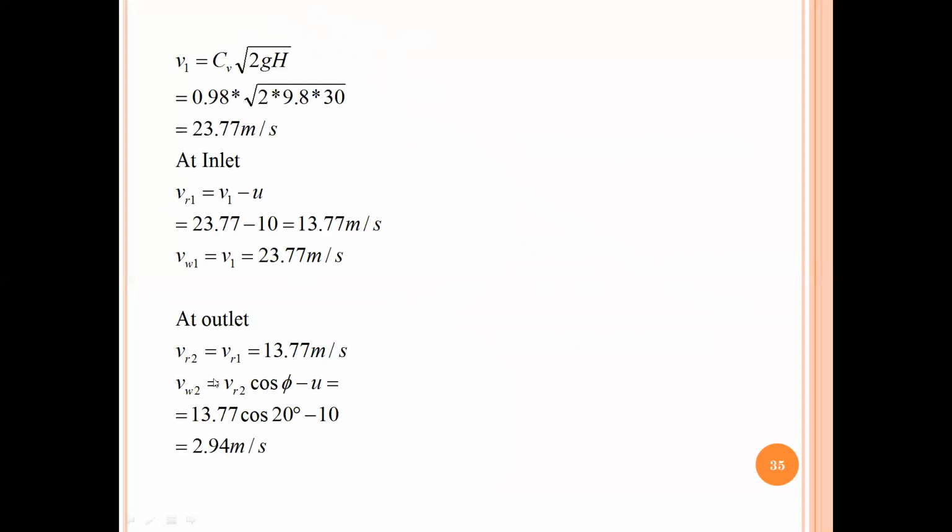Now coming to outlet, we know that VR2 is equal to VR1, that is equal to 13.77 meter per second. And then we have to calculate VW2, that is given by VR2 cos phi minus U, which is equal to 13.77 cos 20 minus 10, and we get the value as 2.94 meter per second.